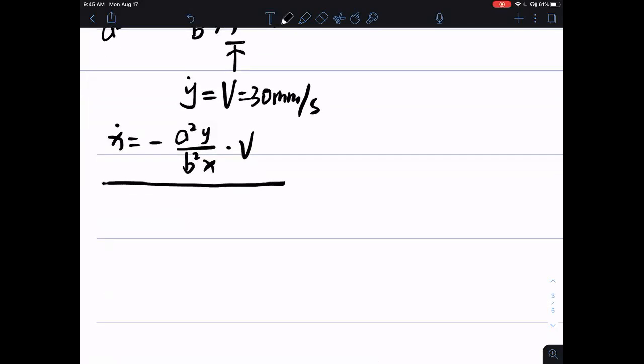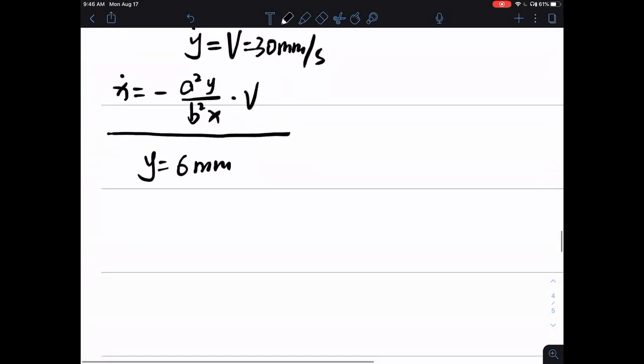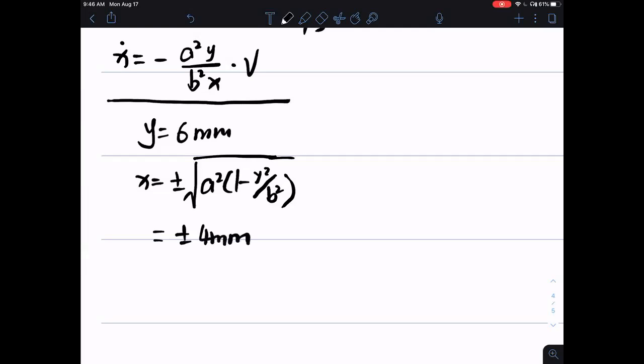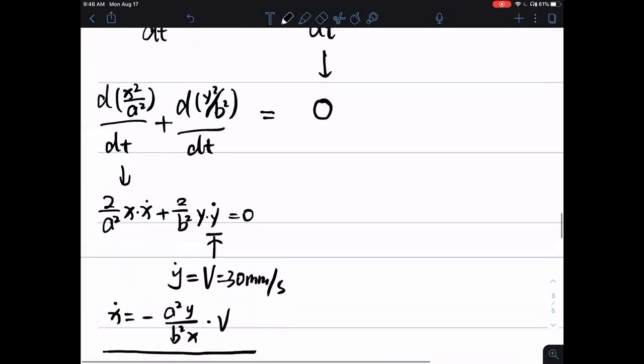So like I said, we know the value for y, which is 6 millimeters. When you plug in y equals 6, you can find out x equals positive or negative a squared times 1 minus y squared over b squared. We'll end up with positive or negative 4 millimeters. Then you have to make a decision, should that be positive 4 or negative 4? That depends on the drawing of this problem.